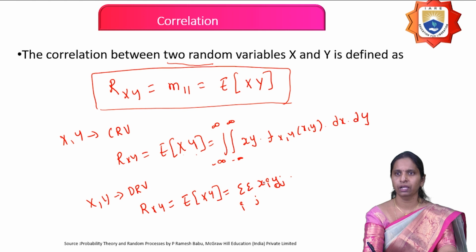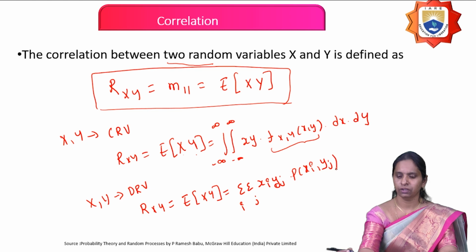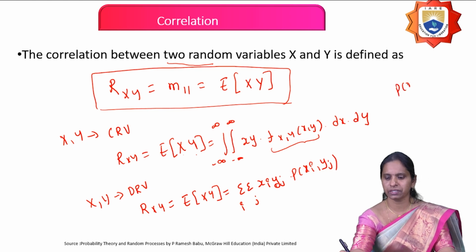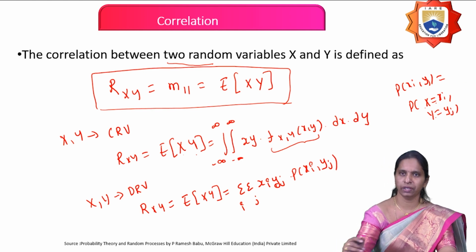Therefore I write xi into yj into the joint probability function, P of xi comma yj. What is P of xi comma yj? It is the joint probability that the random variable x takes the value xi and the random variable y takes the value yj. So instead of writing P of x equals xi comma y equals yj, simply represent it by P of xi comma yj.